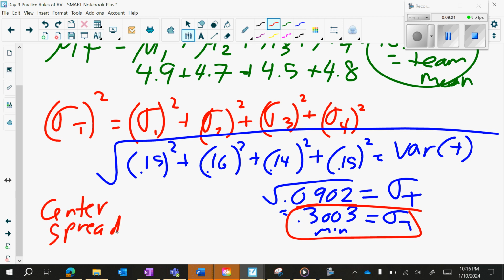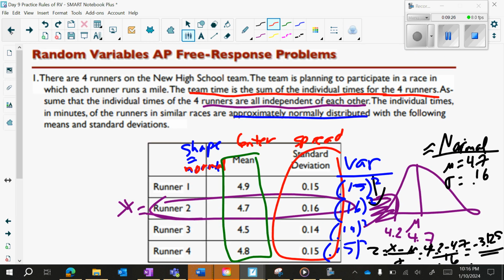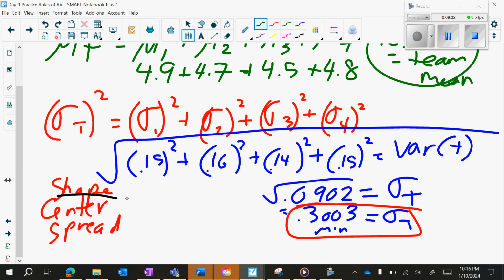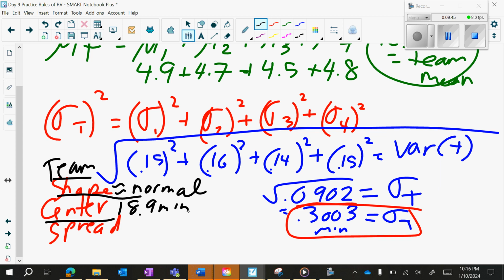And actually, I also have the shape, because if the individual runners were approximately normal, then the shape of the team times are also going to be approximately normal. So the shape of the team times combined are going to be approximately normal because they were all individually approximately normal. The mean of the team is going to be 18.9 minutes, and the spread of the team is 0.3003 minutes. So now I can describe the team.